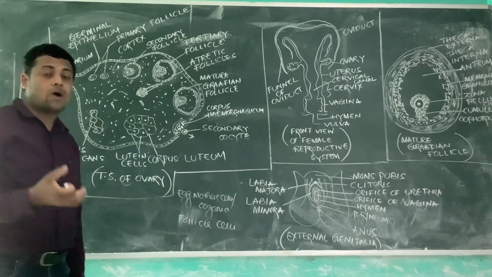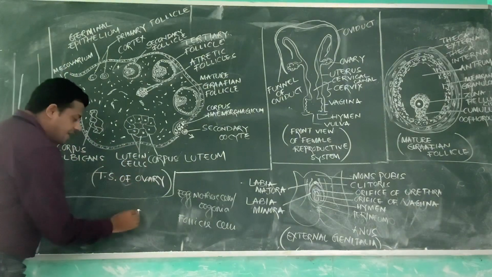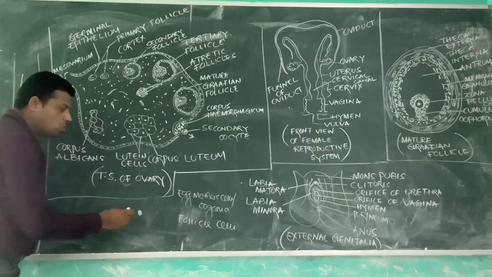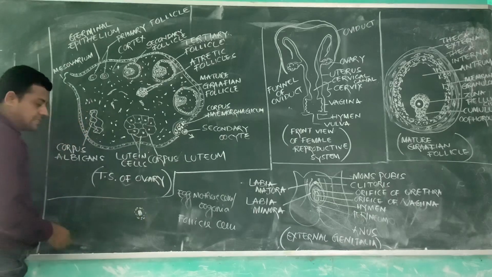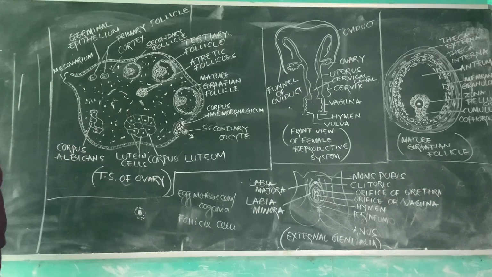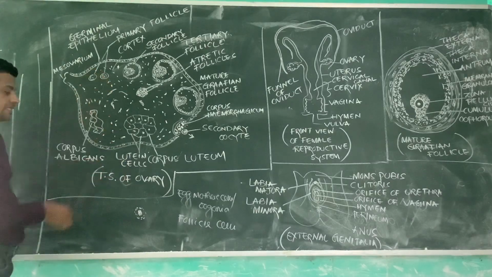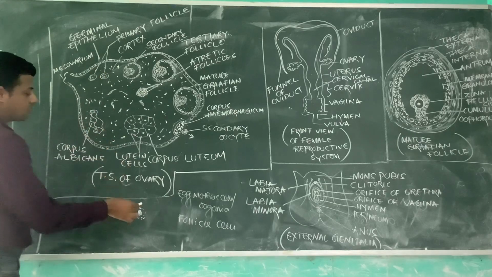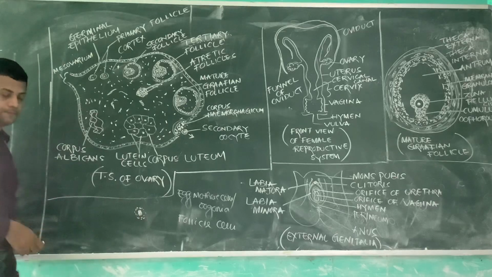These are the squamous follicle cells. Each egg mother cell or oogonium is surrounded by a number of follicle cells to form a primary follicle or egg nest. Look at this diagram. These are the primary follicles. Each primary follicle contains an egg mother cell or oogonium.